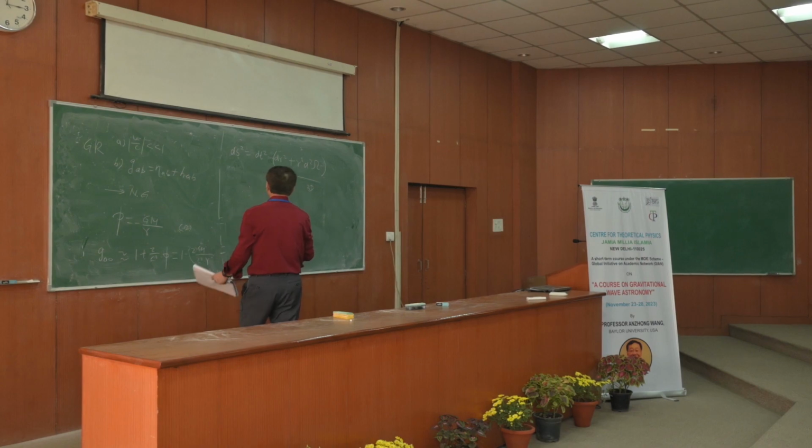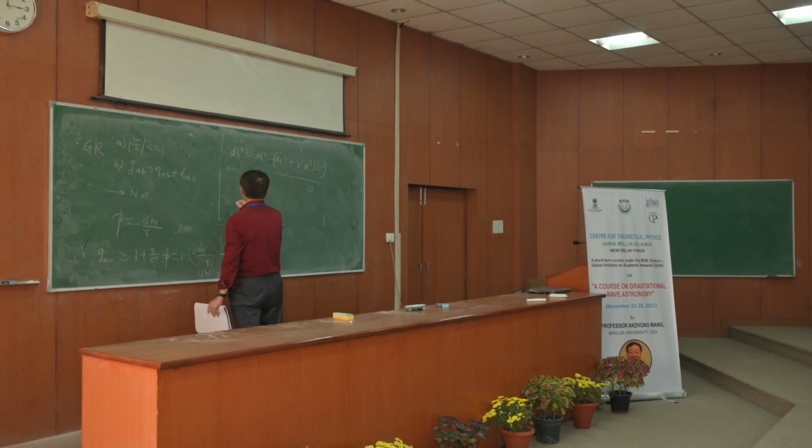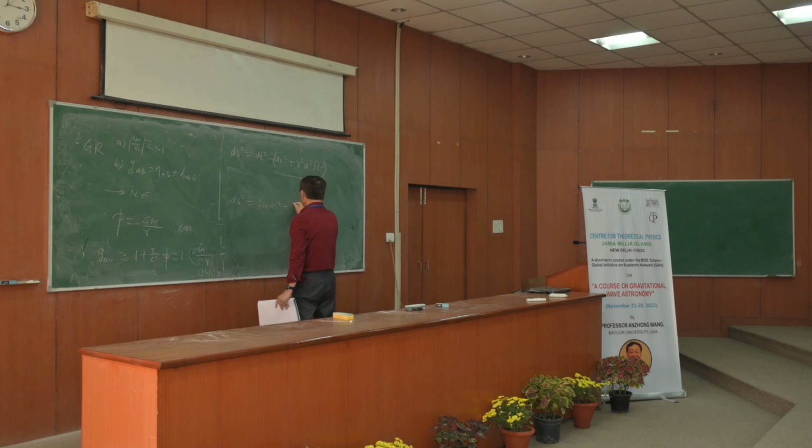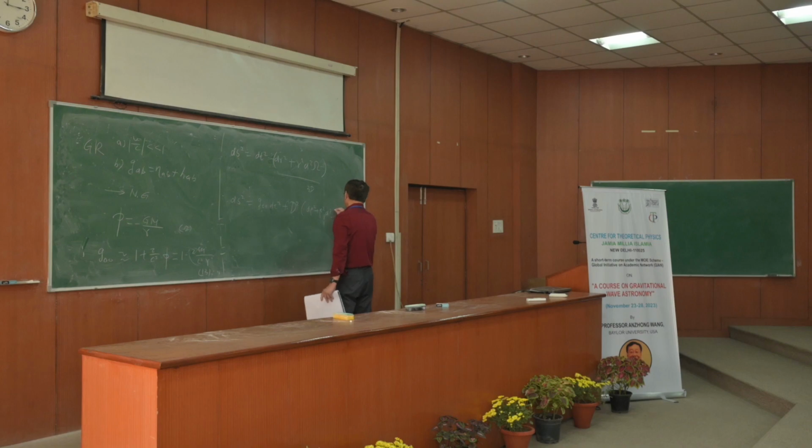Now the question is, can I write something like, let's say, the Schwarzschild solution? I have something here, dt squared plus, let's say, another one. This is my d rho squared plus rho squared d omega squared.